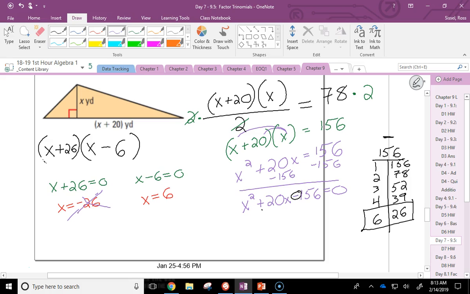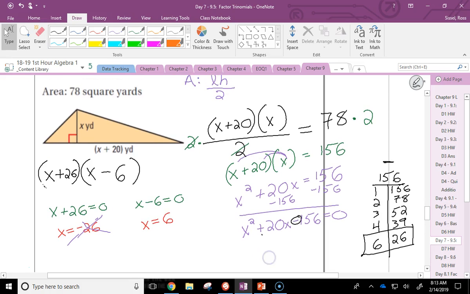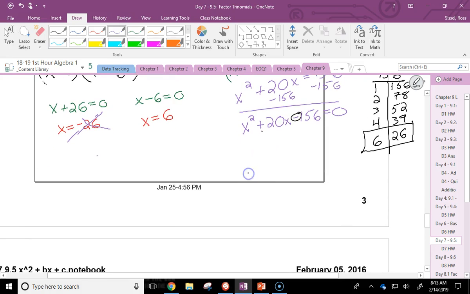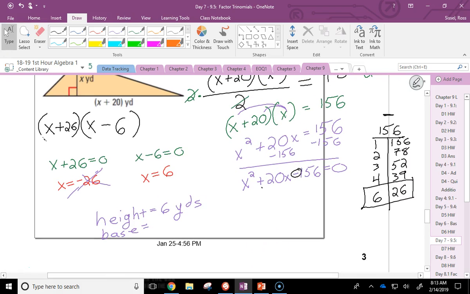So for my answer, my height equals 6 yards. The base was x plus 20. So you would say 20 plus 6 equals 26. And you would have to say 26 yards.